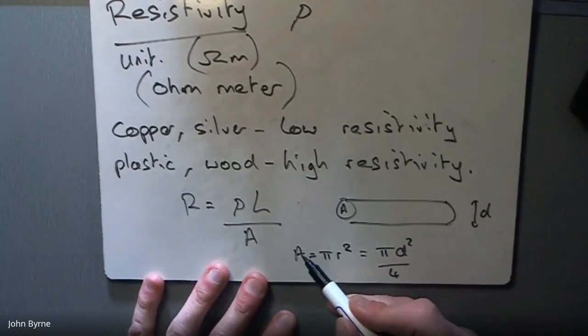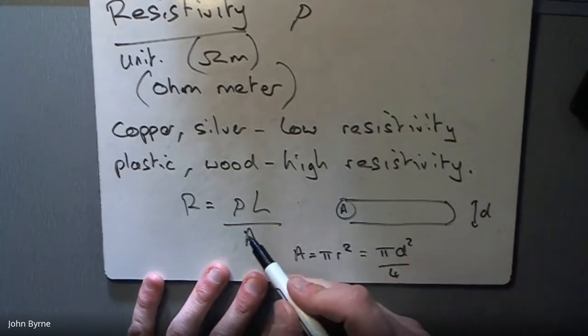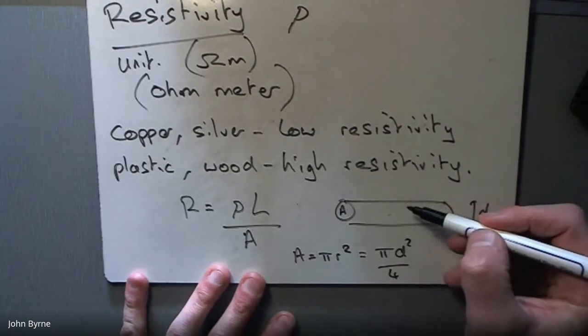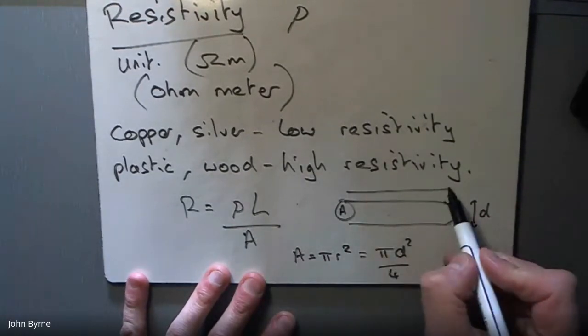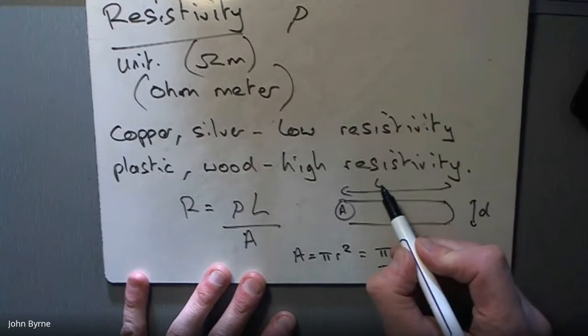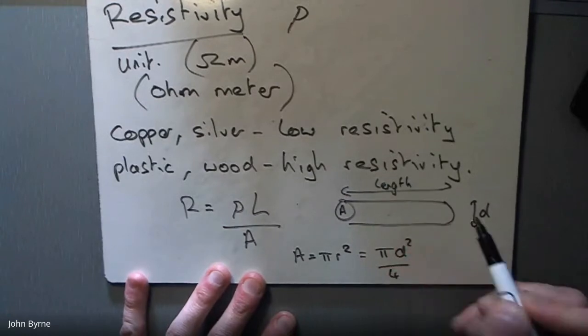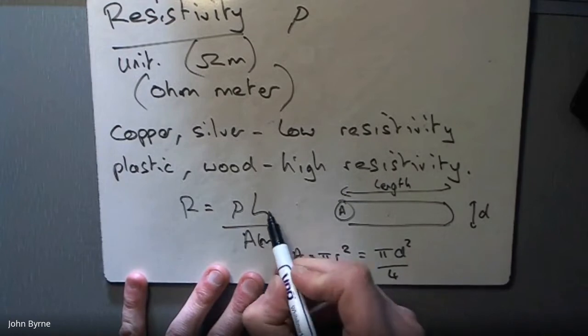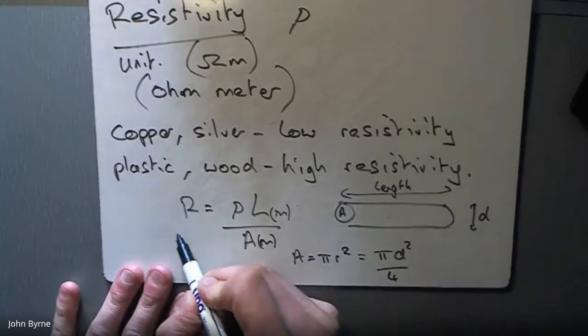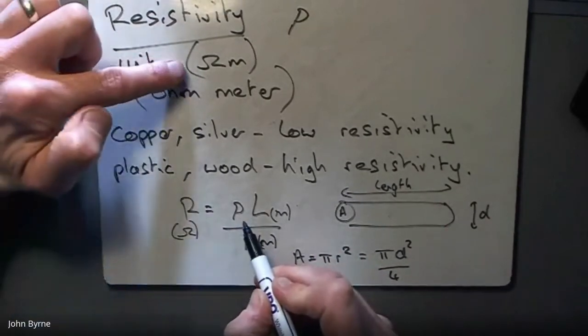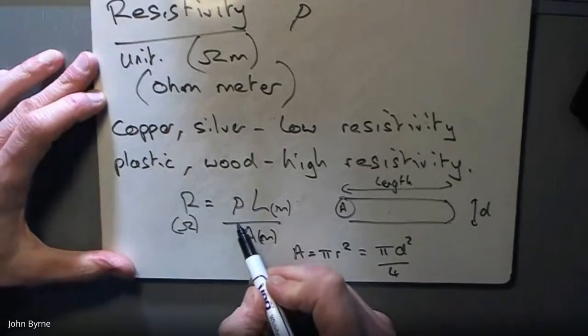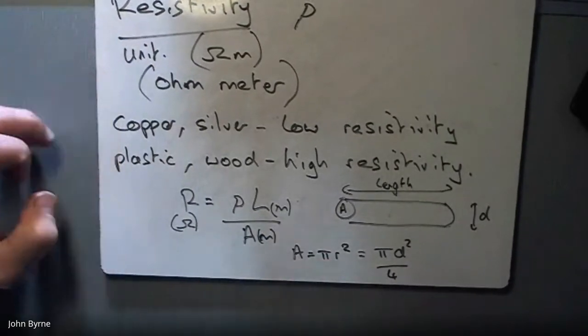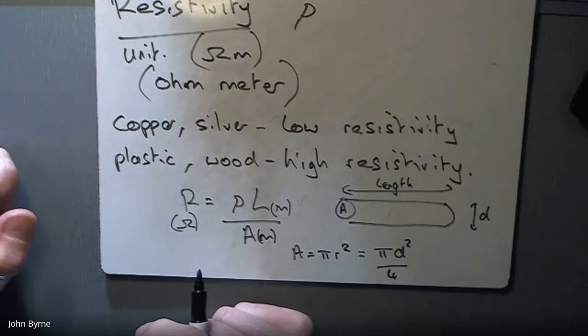That would give us the cross-sectional area, A. And then, depending on the length of the wire, that's length, again in meters. So A is in square meters, length is in meters, resistance is ohms, and resistivity is ohm meters. Okay, so that's the formula, how that's related to each other.